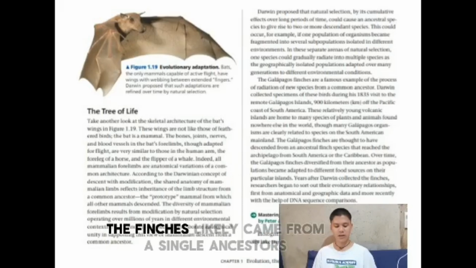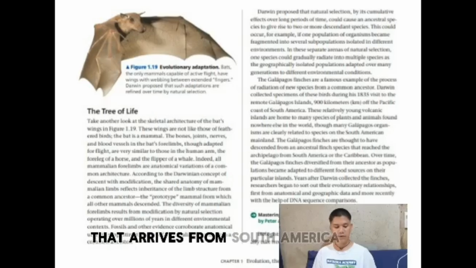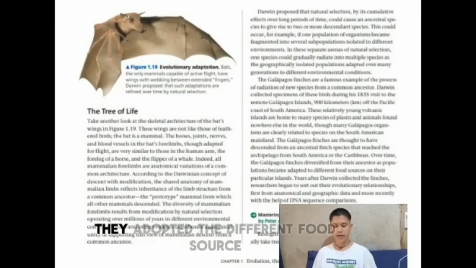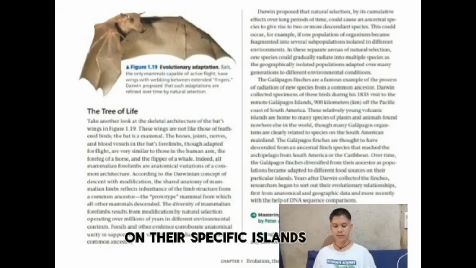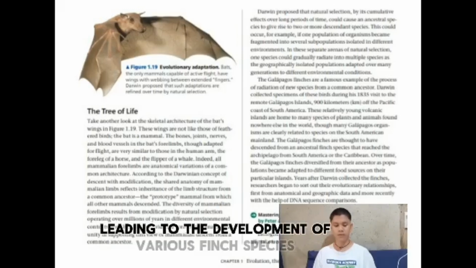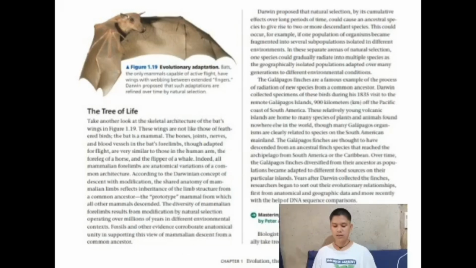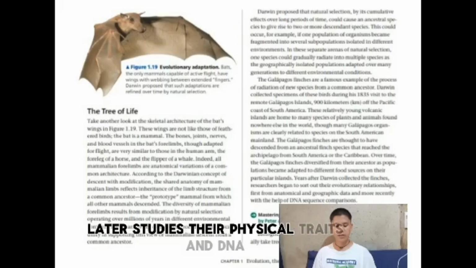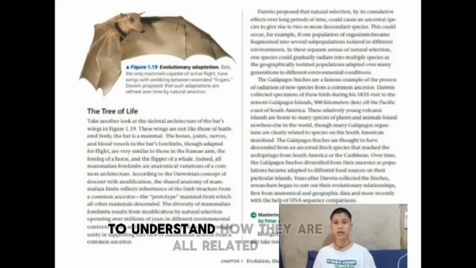The finches likely came from a single ancestor that arrived from South America or the Caribbean. Over time, they adapted to different food sources on their specific islands, leading to the development of various finch species. Researchers later studied their physical traits and DNA to understand how they are all related.